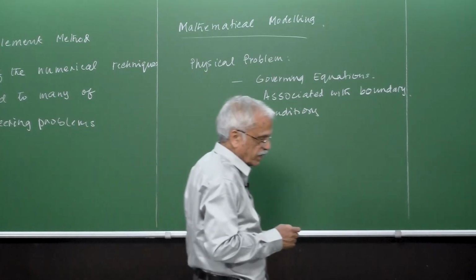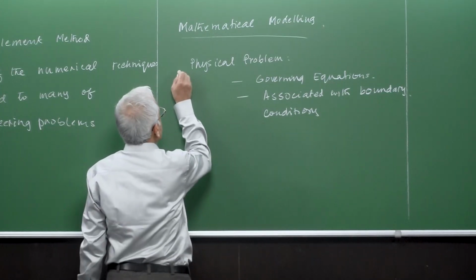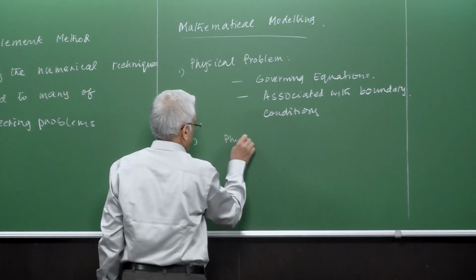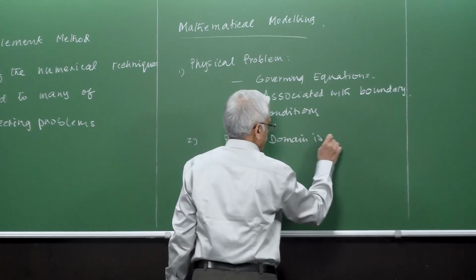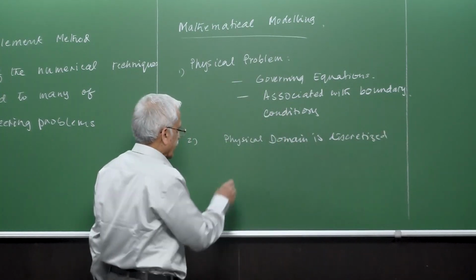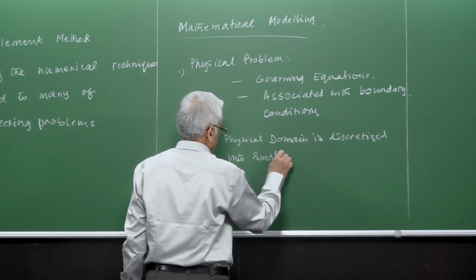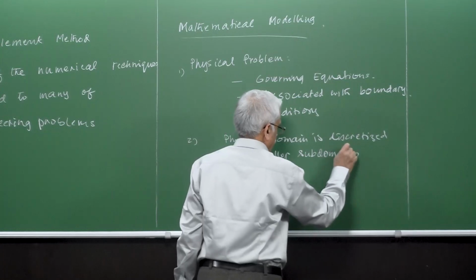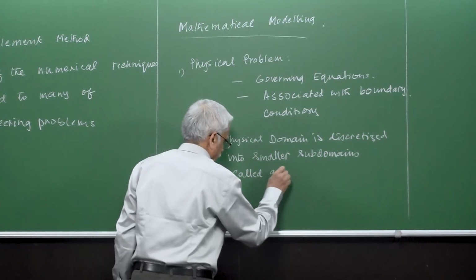In finite element modeling, the next stage is the second step: the physical domain is discretized into smaller domains, which we call elements.